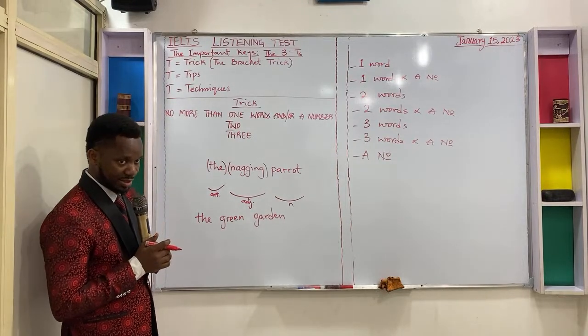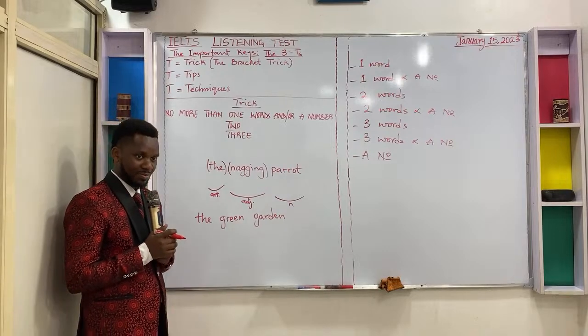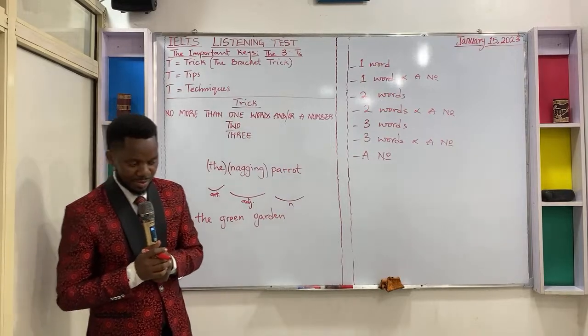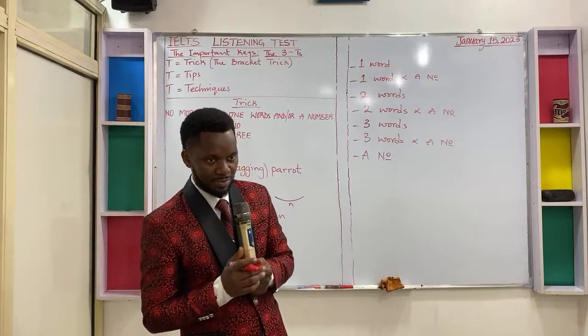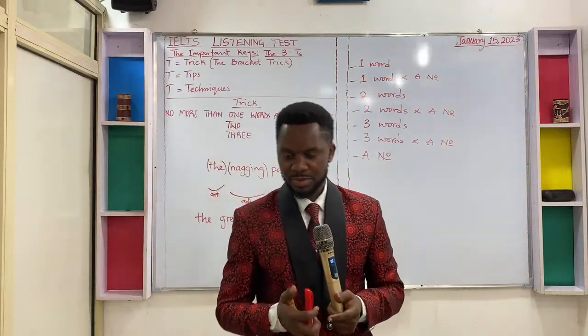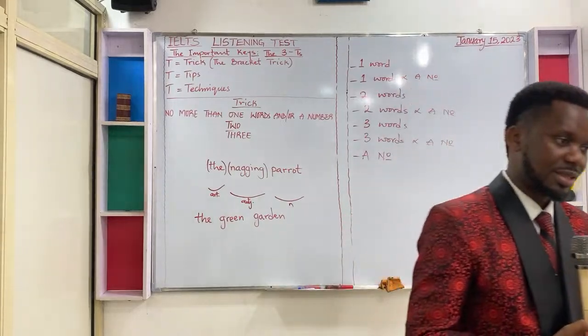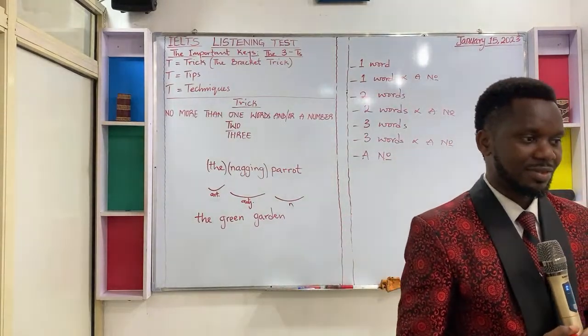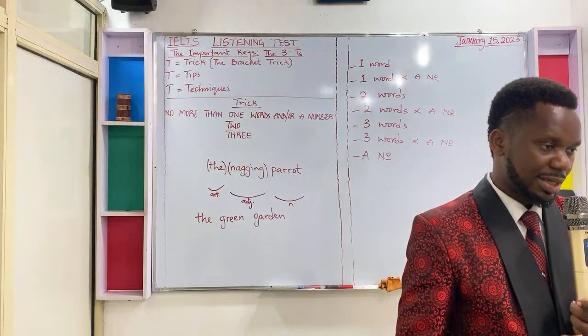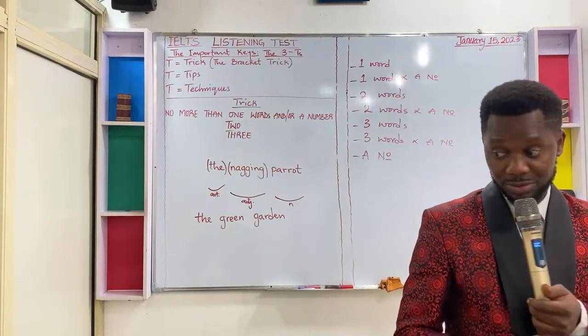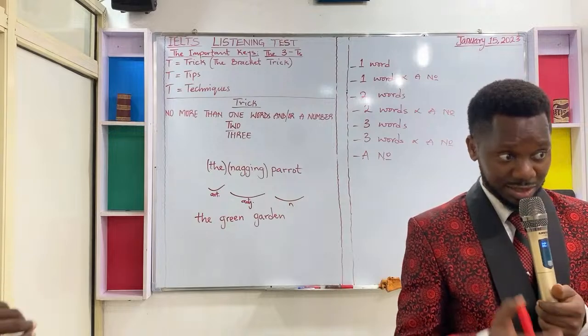But green is not a noun. The garden is a noun. What's garden as a noun? It's a place. Name of a place.